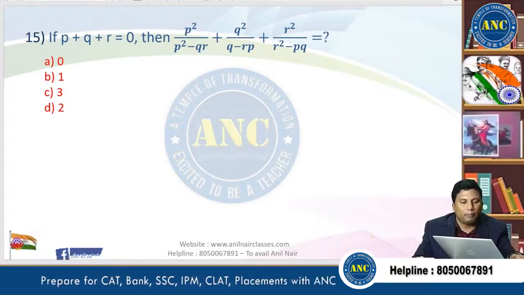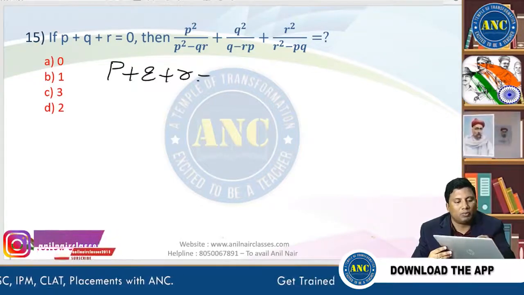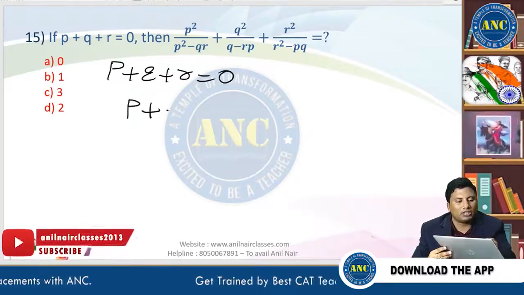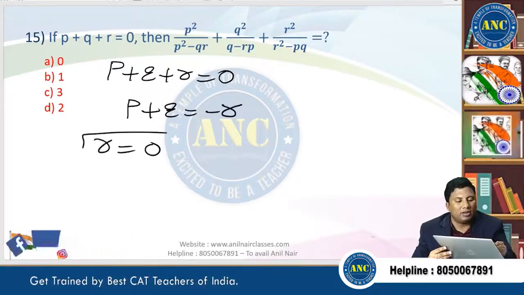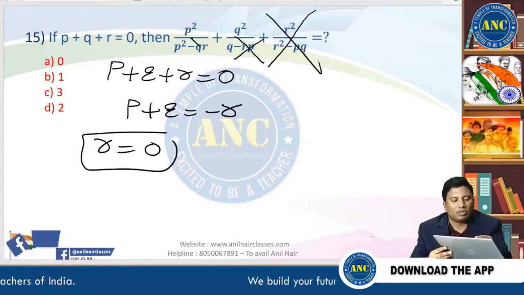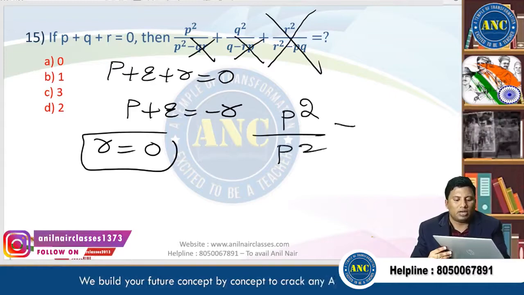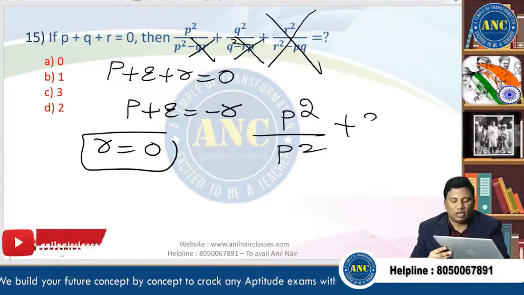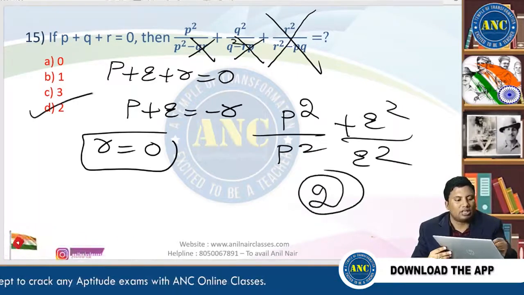If P plus Q plus R is 0, P plus Q is equivalent to minus R. Make dependent variable 0. 0 by something out, 0 into something out. P square by P square plus Q square by Q square, 1 plus 1, answer is nothing but 2.